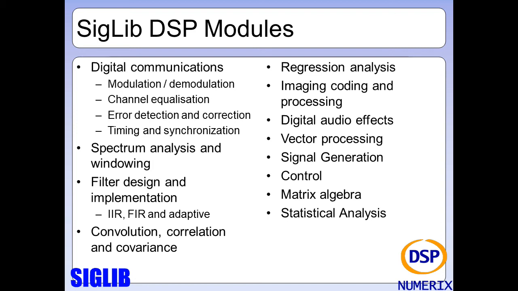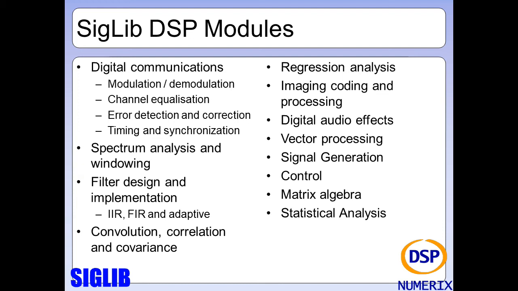The main modules are listed on the slide as shown here. There are modules for digital communications, for modulation, demodulation, channel equalization, echo cancellation, error detection and correction, timing, synchronization, and more. There are spectrum analysis and windowing functions, fast Fourier transforms, etc. Filtering, design and implementation functions for both FIR and IIR filters with fixed and adaptive coefficients.